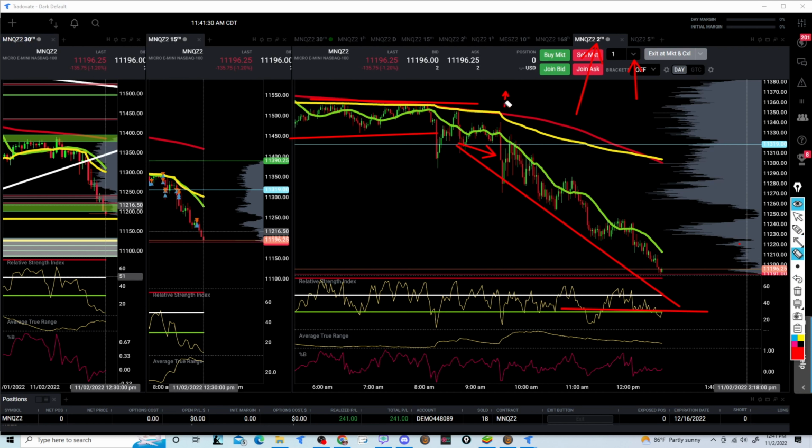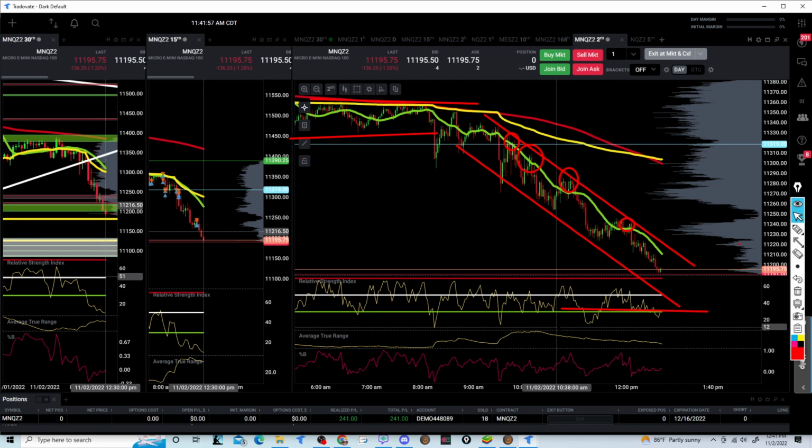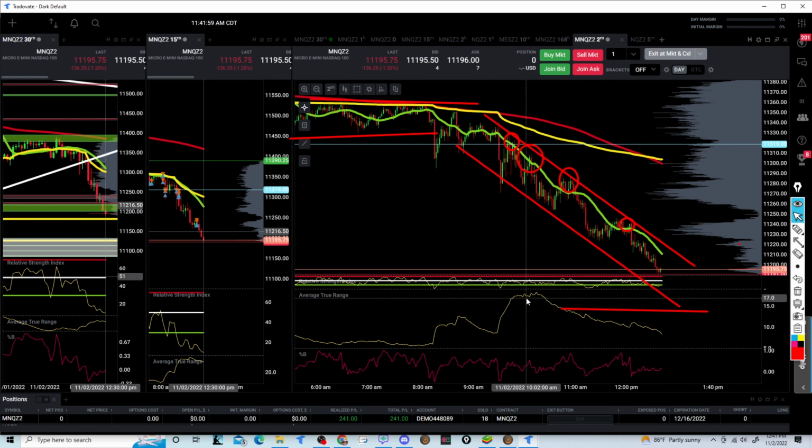Now, if we're buying at or near the 20 period moving average, all right, where should we be selling? Okay? If we have a channel and we're buying at or near the 20 period moving average, okay? At or near, right? Where should you be selling? Well, that's where you want to come down here and look at your average true range, okay?